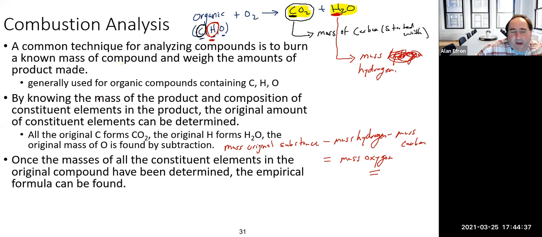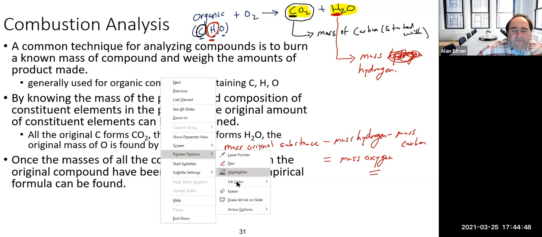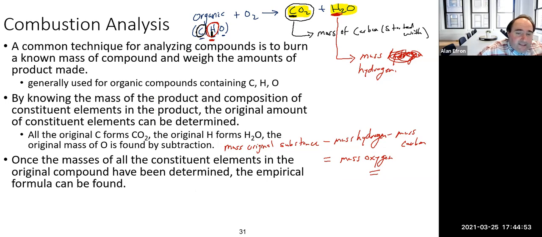Now, you may be asking yourself, why can't we just use the CO2 and the H2O to directly figure out how much oxygen we had? The reason is, in addition to oxygen being in our original substance, we add oxygen as part of the reaction, which means some of the oxygen we got over here and some of the oxygen we got over here is going to come from this oxygen, which is not part of the original compound.